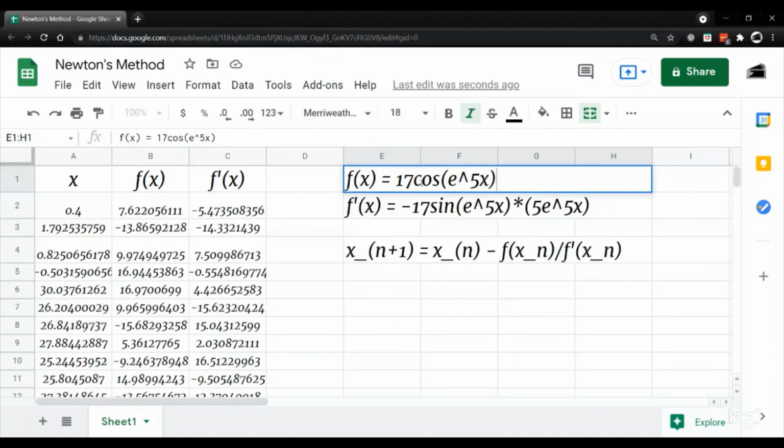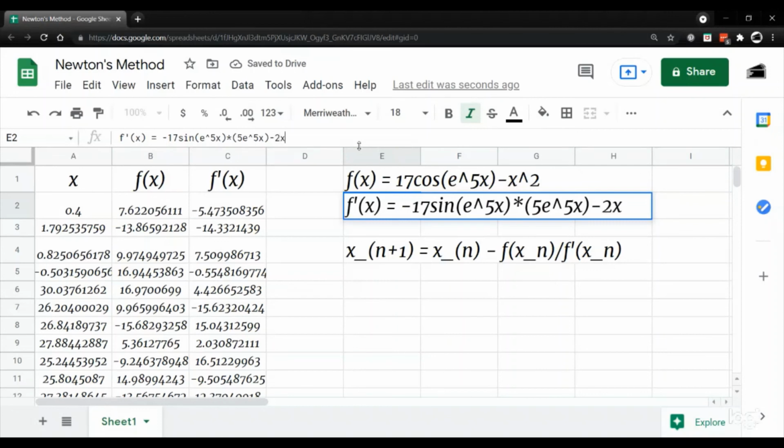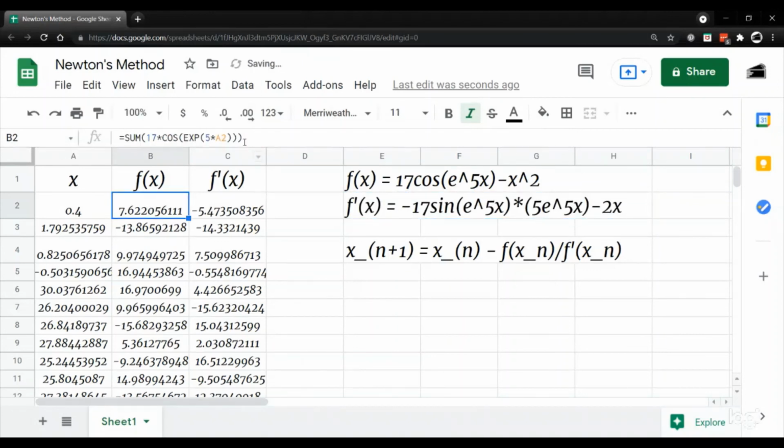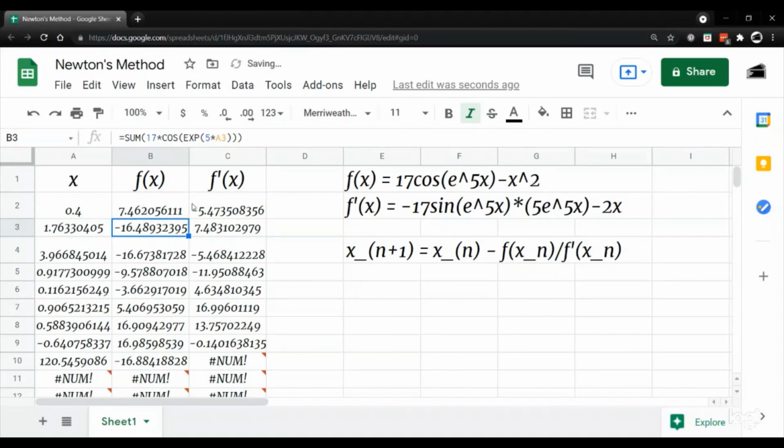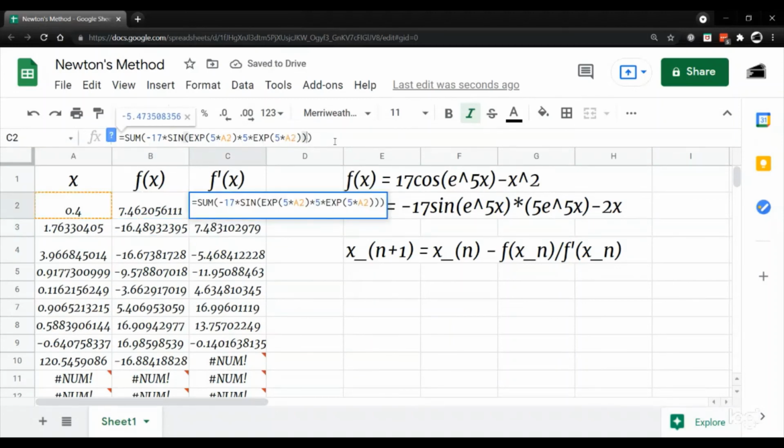But let's modify it a little bit and just stick on a minus x squared. And that means that the derivative will have a minus 2x at the end. So let's just modify those here. So minus x squared, and then this one has a minus 2x.